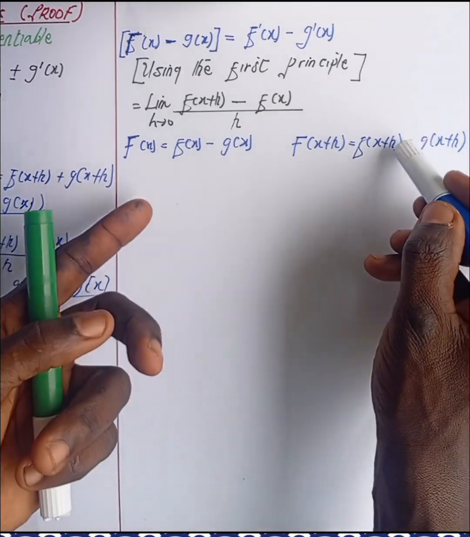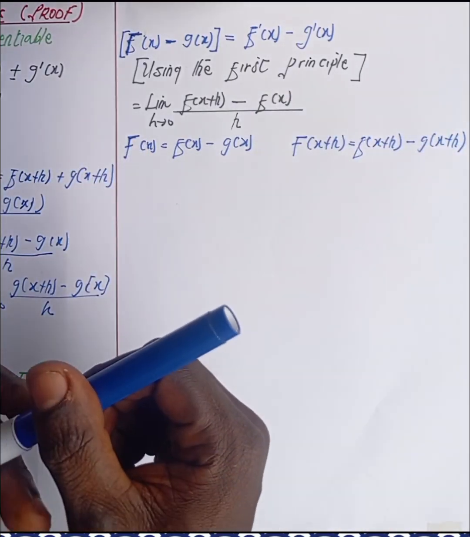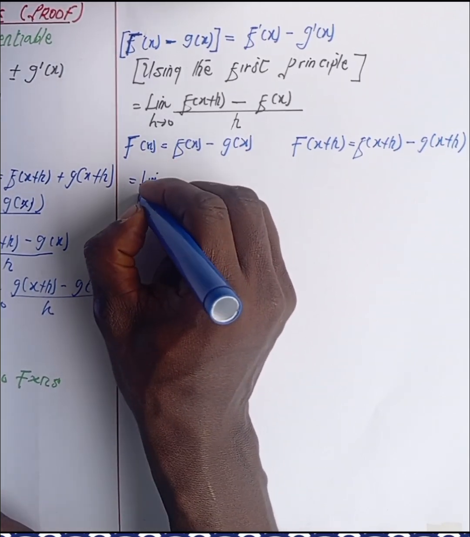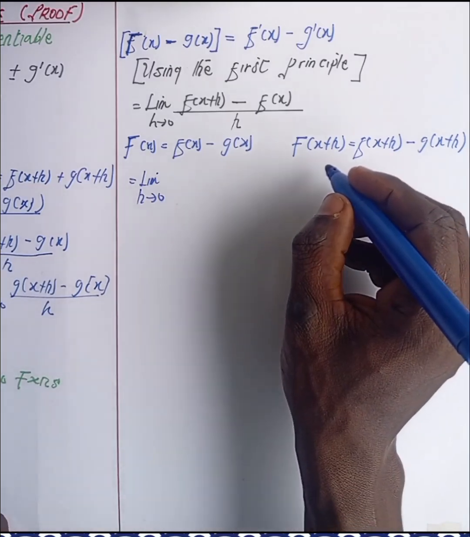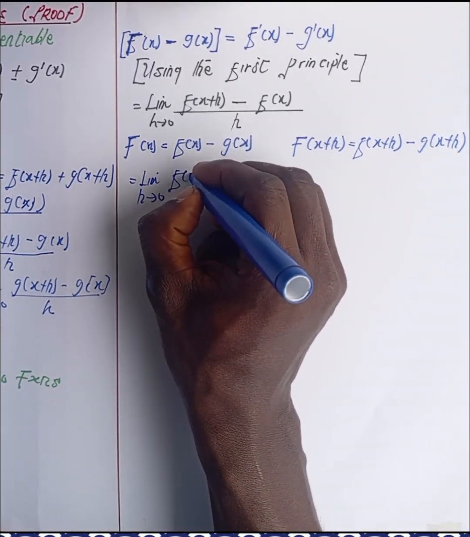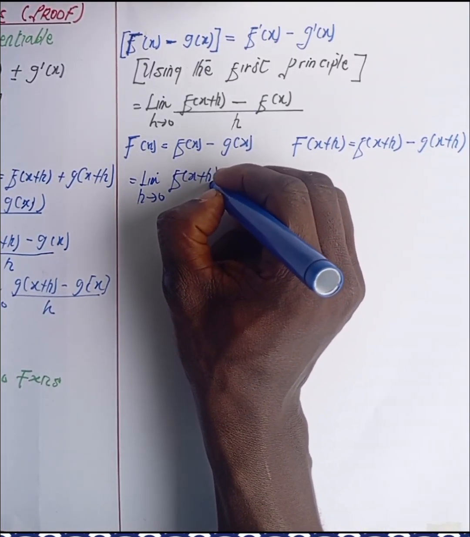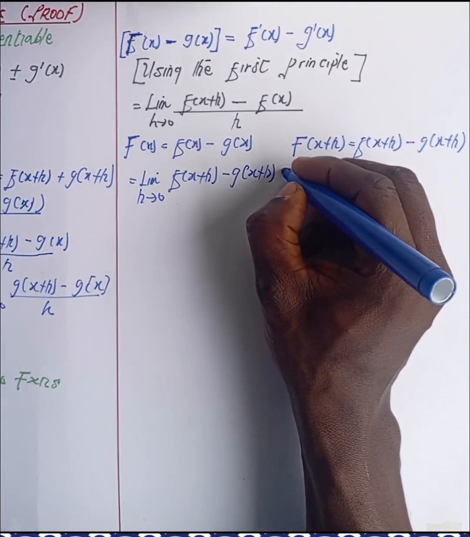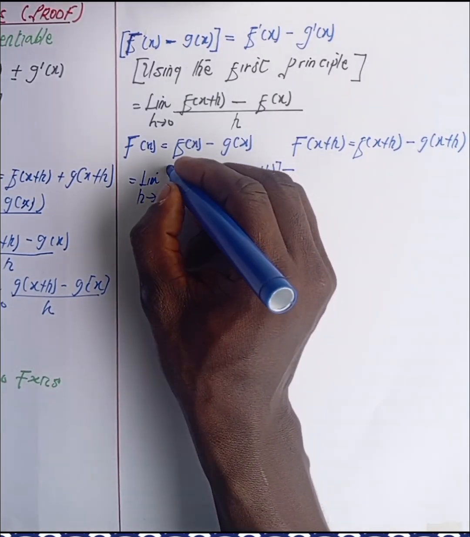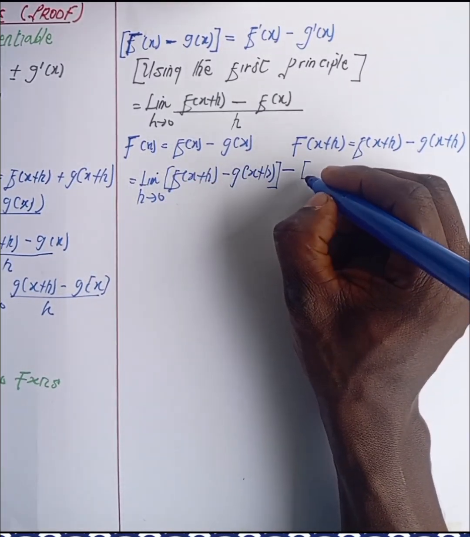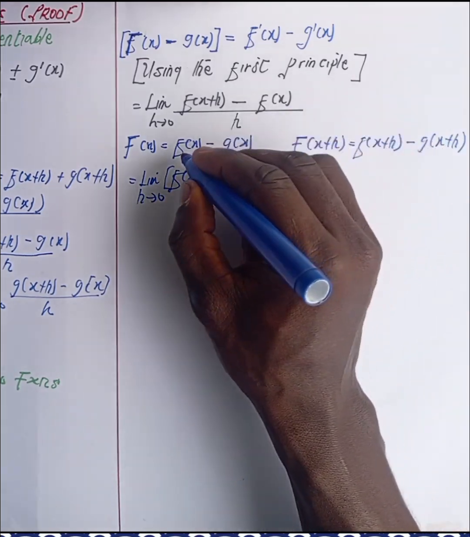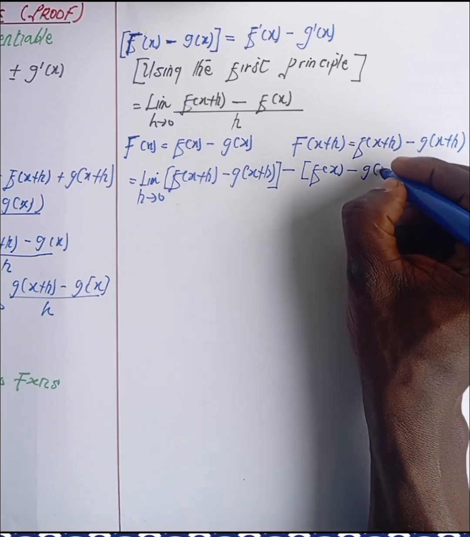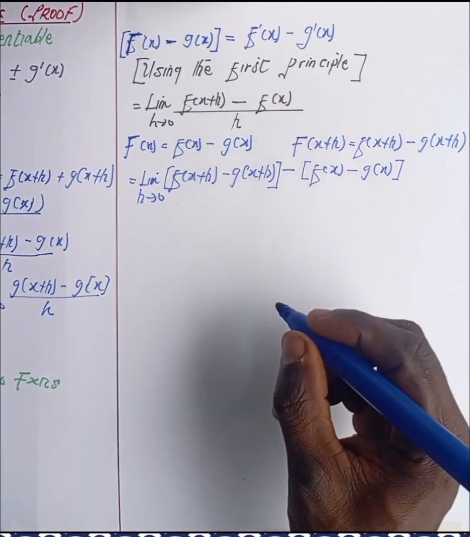Now we are going to substitute this back into the first principle, and we are going to get the limit as h approaches 0 of f at x plus h minus g at x plus h minus, and then we have our F at x, which is this f at x minus g at x, all over h.